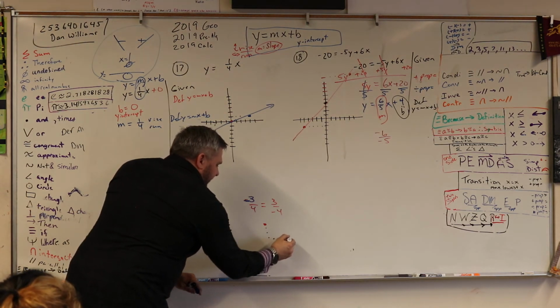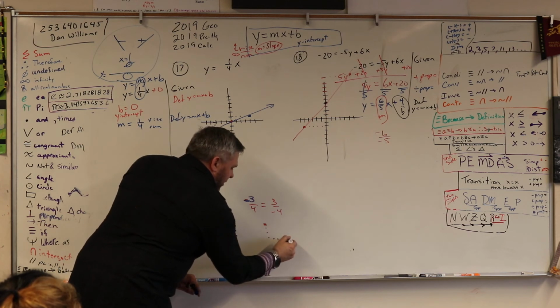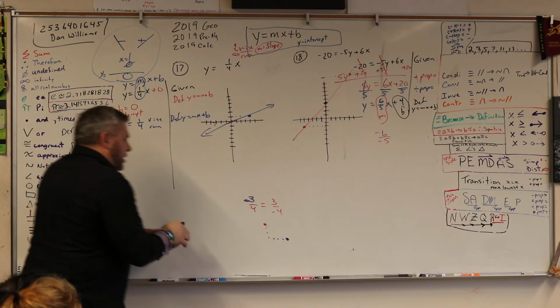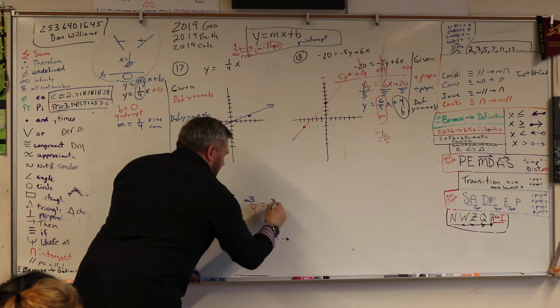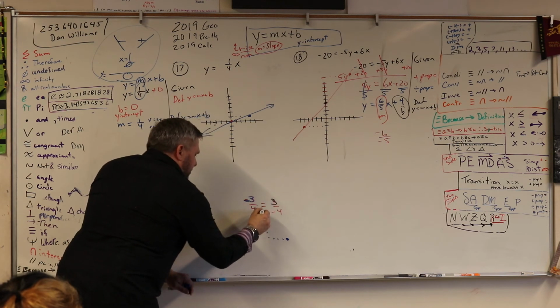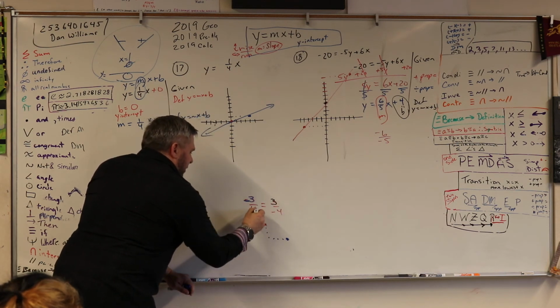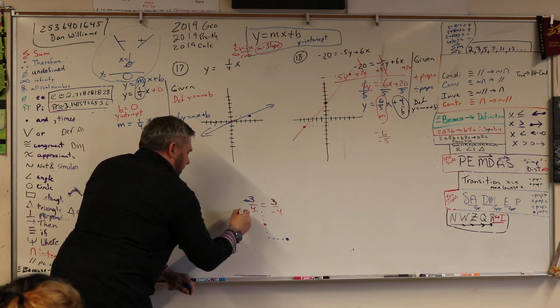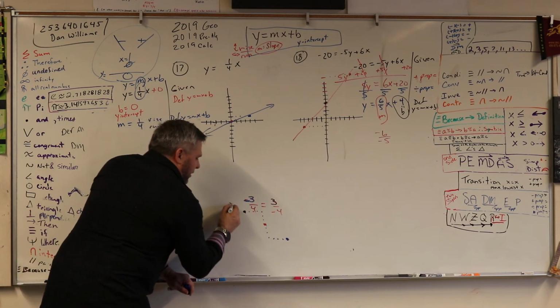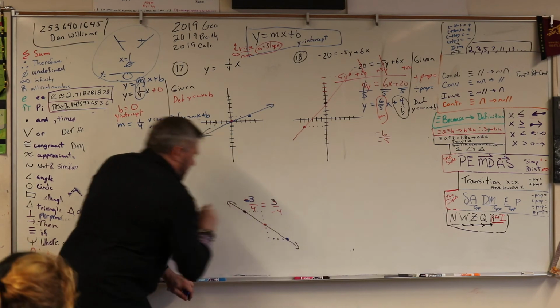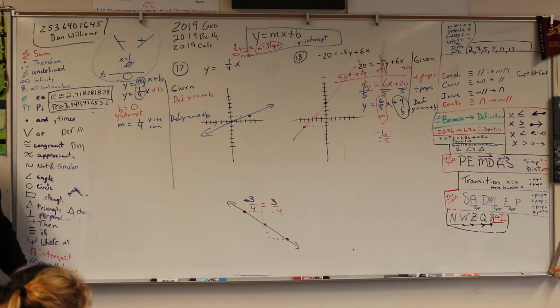Okay? Or it could be up 3, 1, 2, 3, and left 4. 1, 2, 3, 4. And see how those are in a line? Does that make sense?